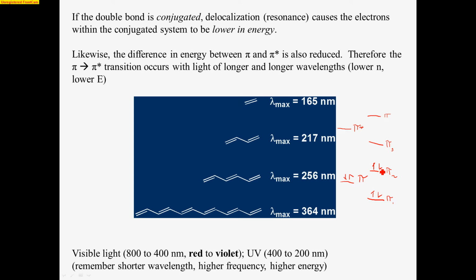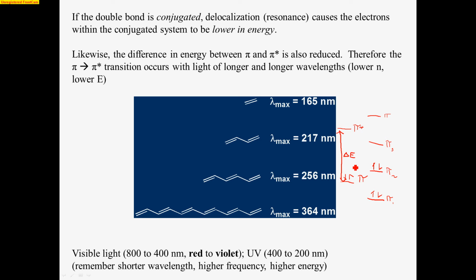What you're going to notice that's so different about the system of ethylene compared to butadiene is the energy that is needed to promote an electron from your pi bonding orbital up into the pi star antibonding orbital.